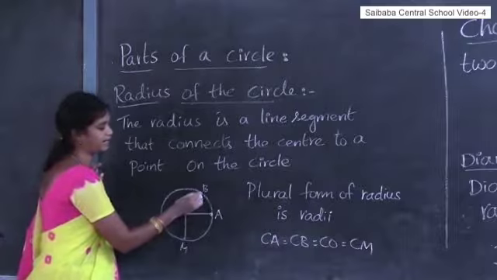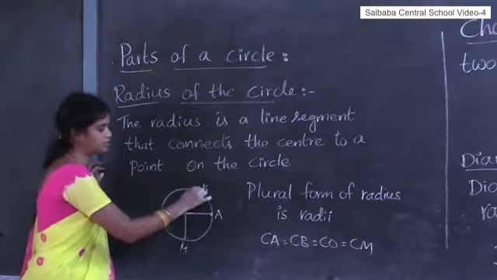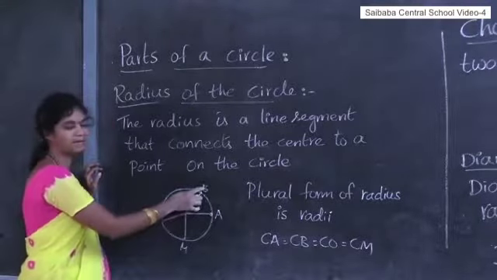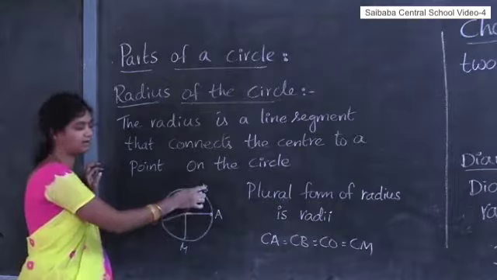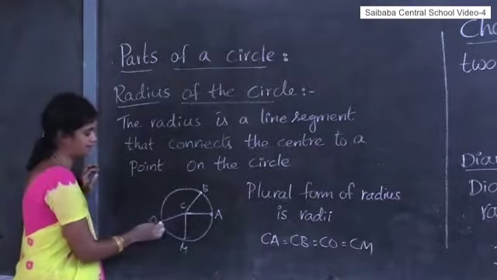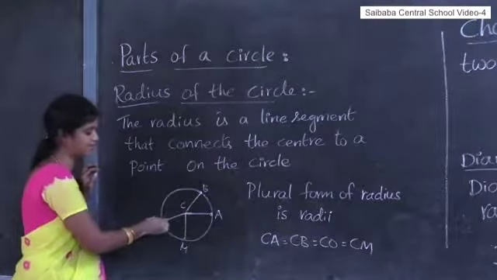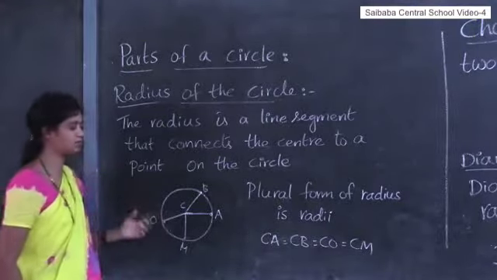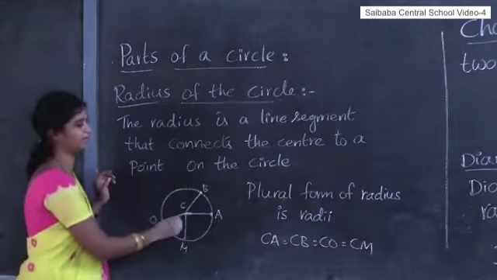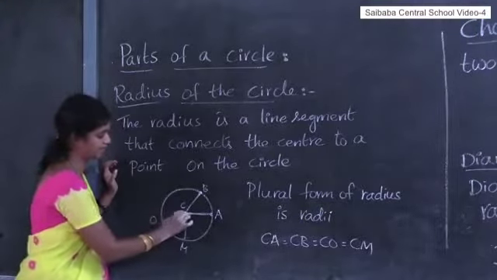If I take another point B on the circle, the line joining this point to the center, CB, is also called a radius of the circle. Again, if I take another point O and join it with C, CO is also called a radius of the circle. So these are all called radii.